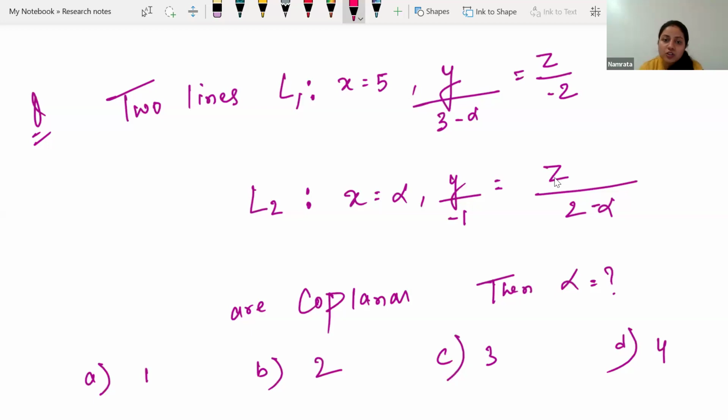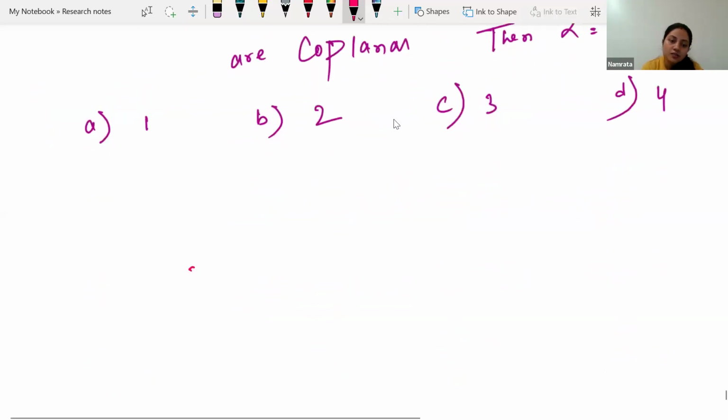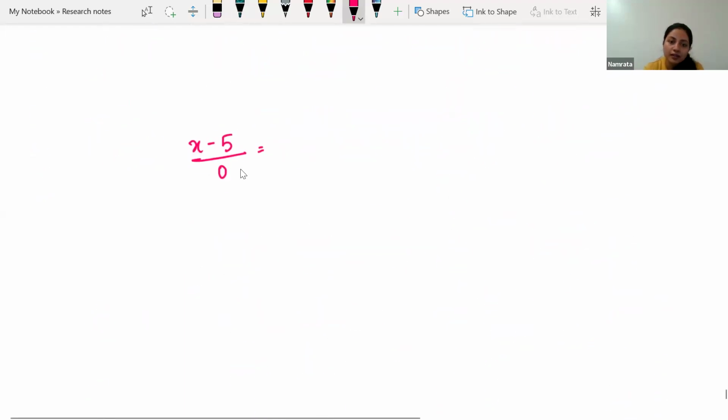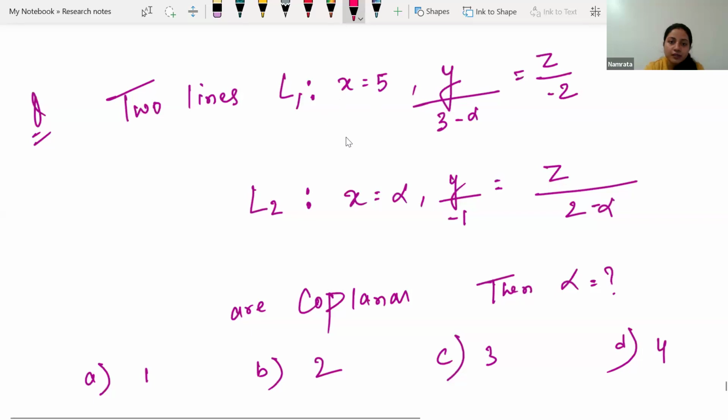At first, for our equation of a line, let's do a little bit of arrangement over here. Here it is x equals 5, so we can write it as x minus 5 over nothing. Just to keep it clear, we are writing it like this. However, whenever we are having something like this, we have to write our equation of a line the way it is given in the question.